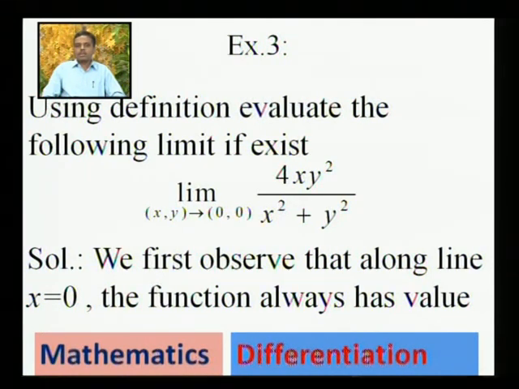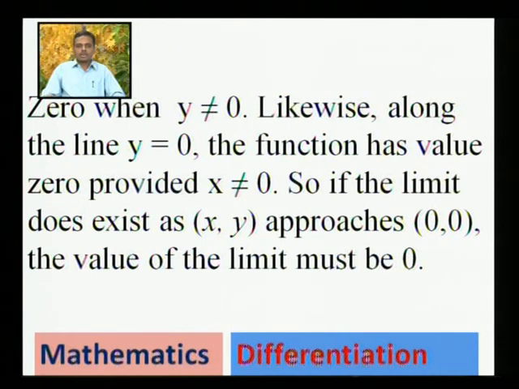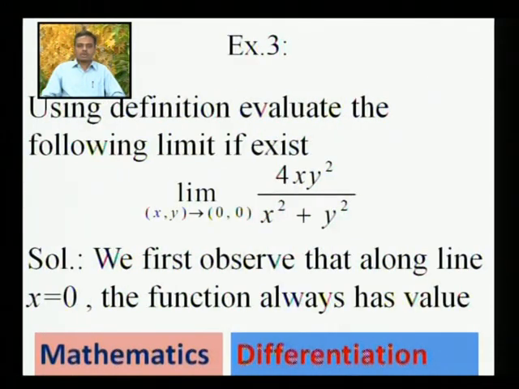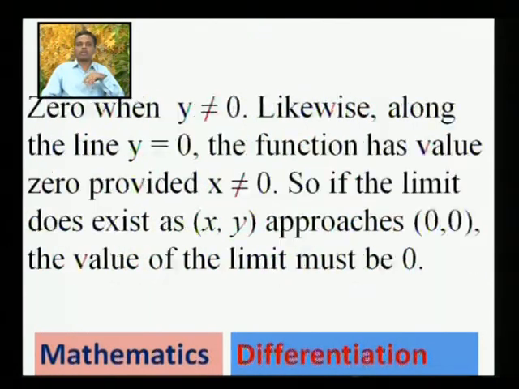Now here let us observe that along the line x equal to 0, that is the y axis, the function always has the value 0 when y not equal to 0. You can put x equal to 0 in this fraction. So in the numerator you get 4 into 0 into y square, that is 0, and in the denominator you get 0 plus y square, and that is going to be 0 if you consider y not equal to 0.